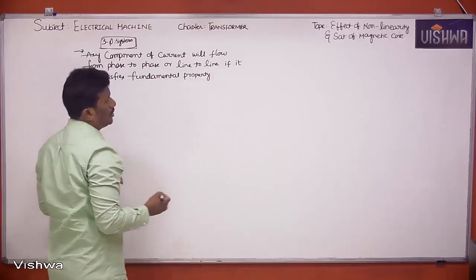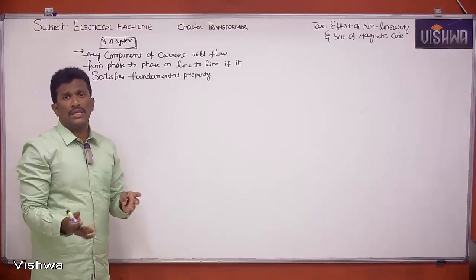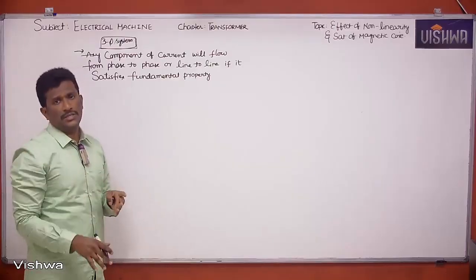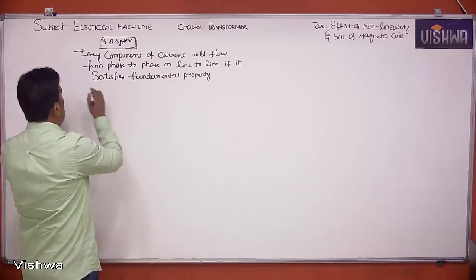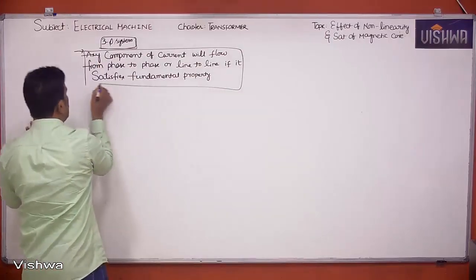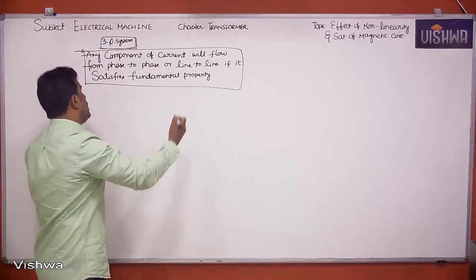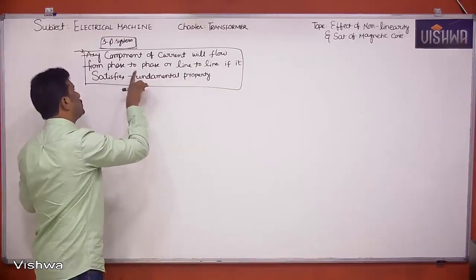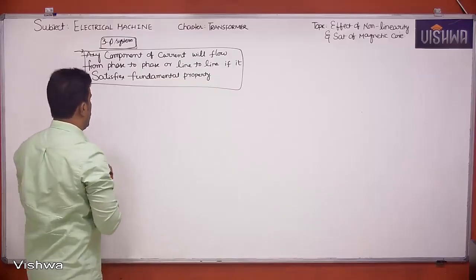See here, I told you in the last session, we have to decide whether a path is there or not for third harmonic currents. Before deciding for third harmonic, I am just generalizing this statement. Any component of current, maybe fundamental current, maybe fifth harmonic, maybe seventh harmonic, maybe third harmonic, any component of current will flow from phase to phase or line to line if it satisfies the fundamental property.